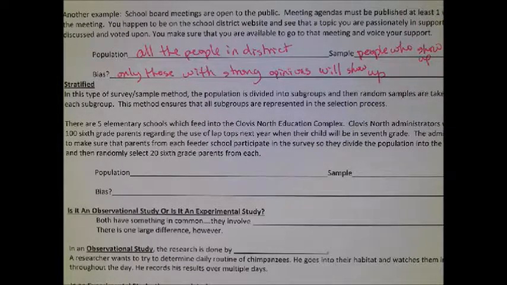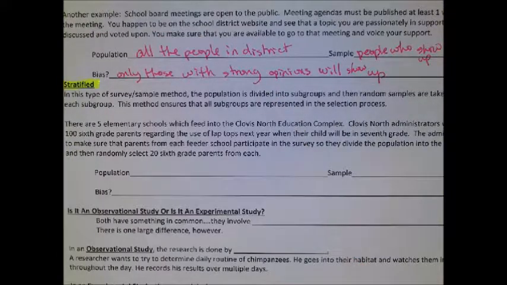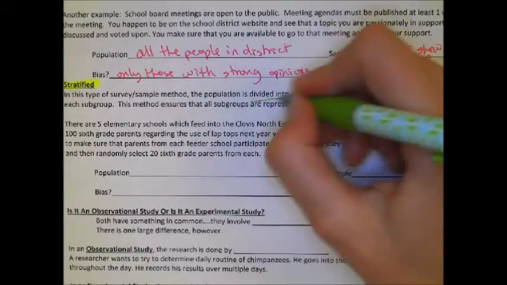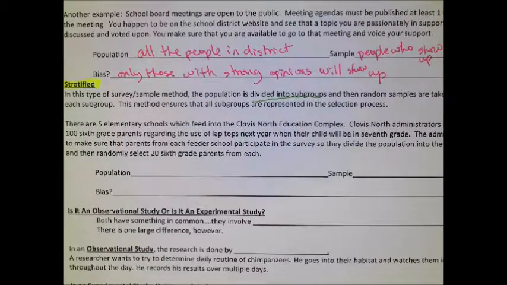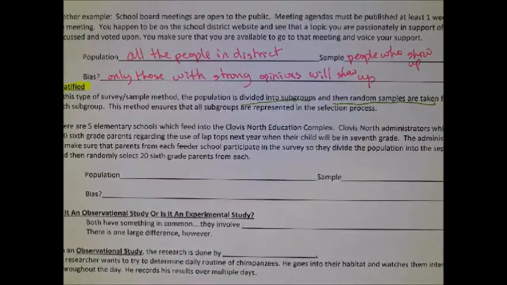Okay, so our last type of sample or survey type. In this type of survey sample method, the population is divided into subgroups, and then random samples are taken from each group.